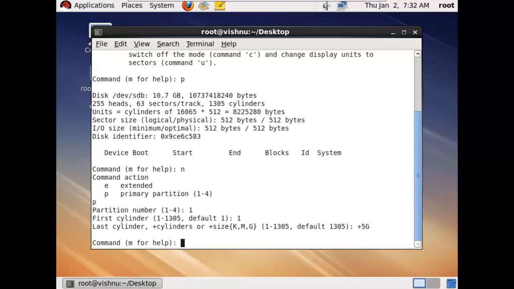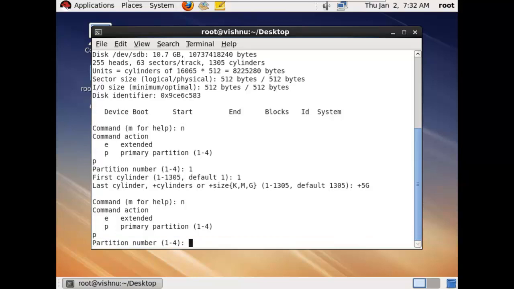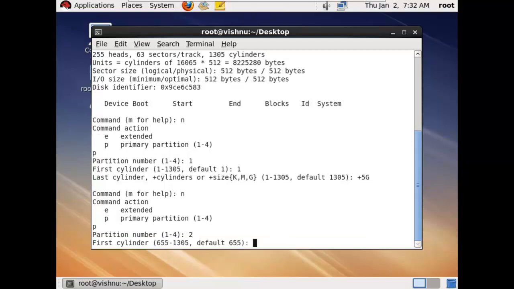Now guys, we will again create the second volume, and for that we will write here N, press enter. Then it would be of the primary type. So for that, press P and again press enter. Then here you will write the option of 2 because this is the second volume that we are going to create on SDB, and press enter.